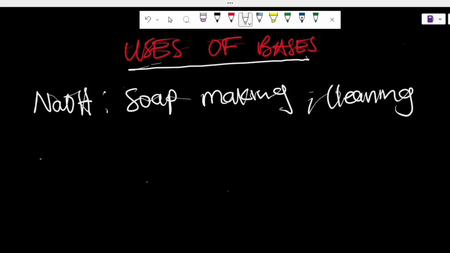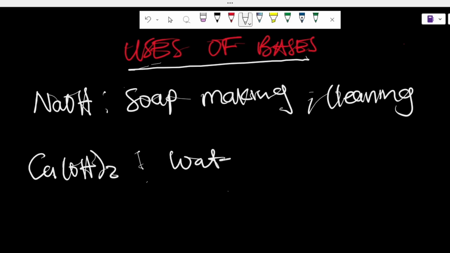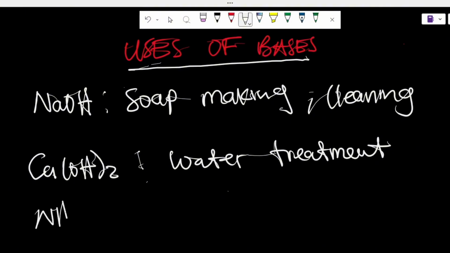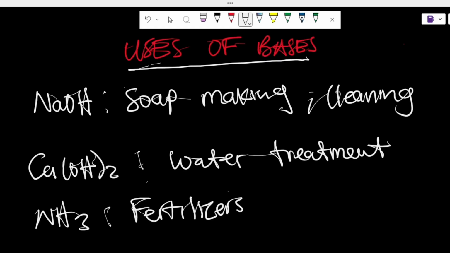When you're trying to treat water, sometimes you can use calcium hydroxide. So it is used in water treatment. And ammonia is something that you can use also in fertilizers, but also in cleaning.